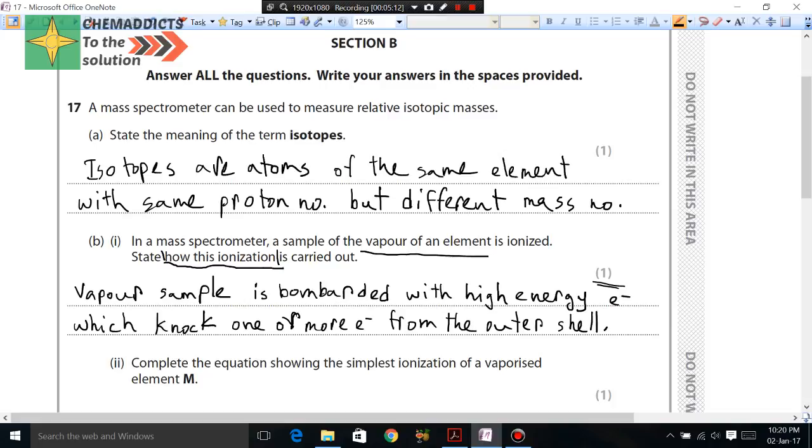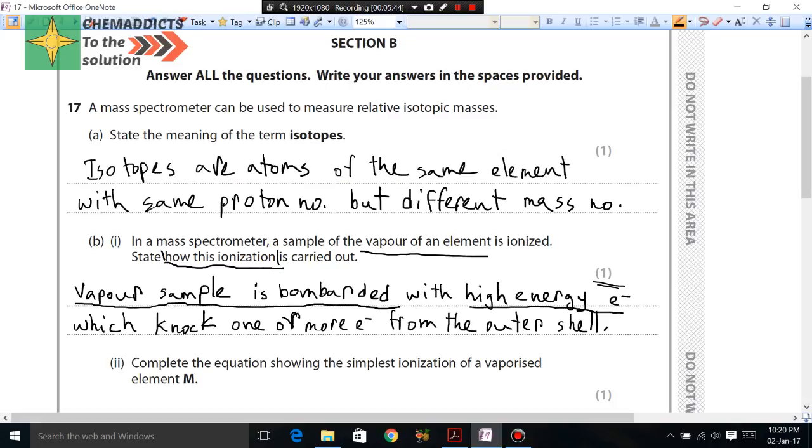Really sorry for that. Let's break this answer into small parts. The first part is the vapor sample is bombarded.